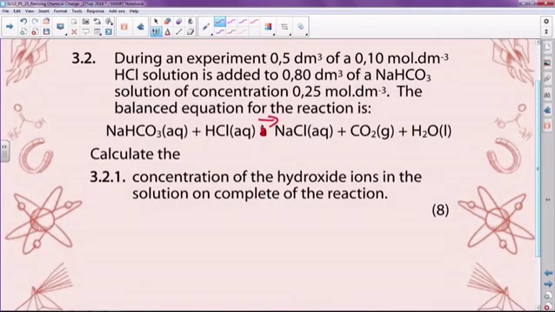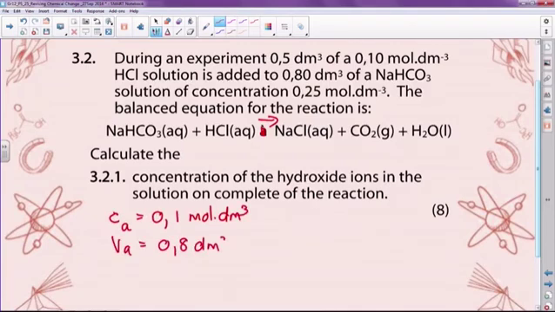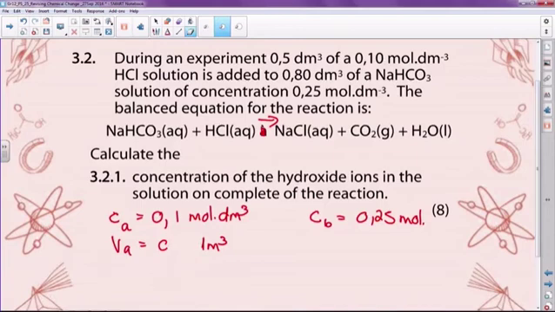So what we've got is they tell me that the concentration of the acid is 0.1 moles per decimeter cubed, and the volume of the acid that we use is 0.5. The base that we use has a concentration of 0.25, and the volume of the base that we use is 0.8.